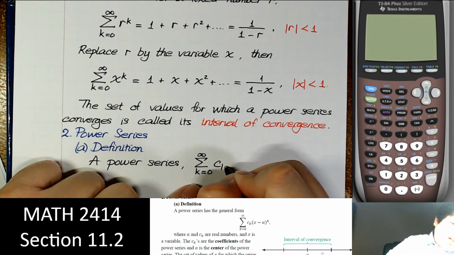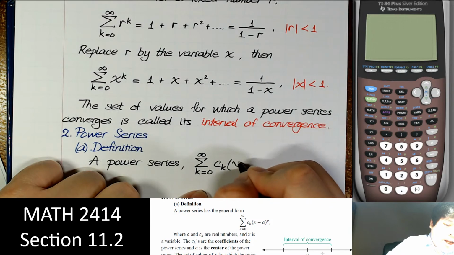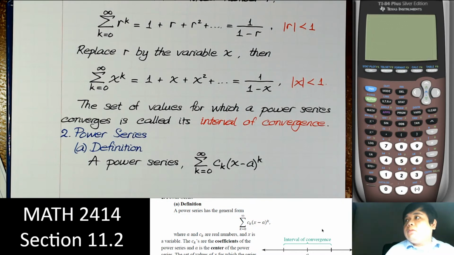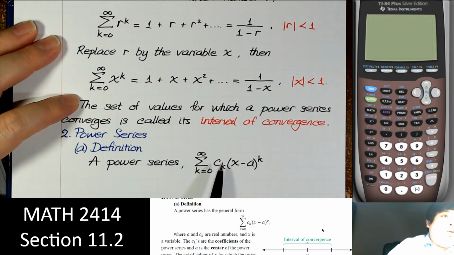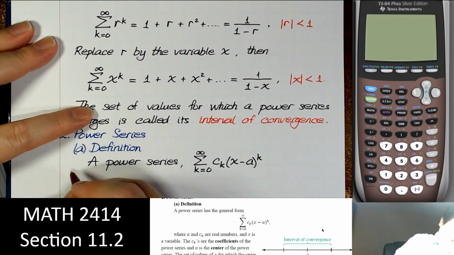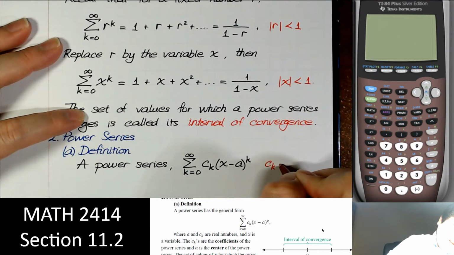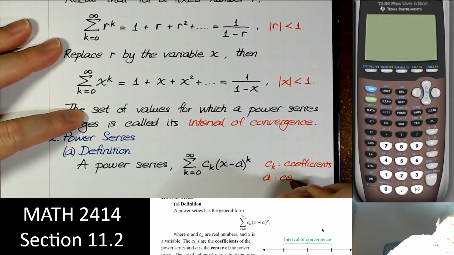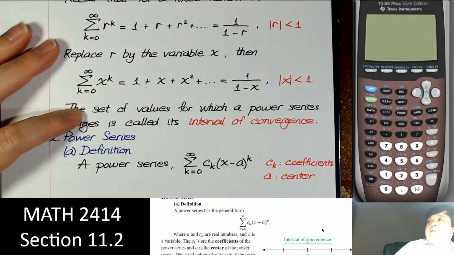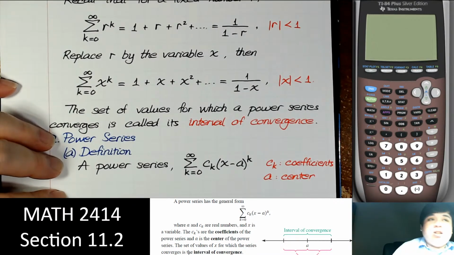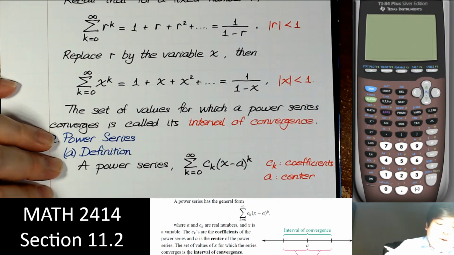We'll have the coefficient C of K, and X minus A to the K, where C of K is the coefficient and A is the center of the power series. And in that case, the set of all the x for which the series converges is the interval of convergence.